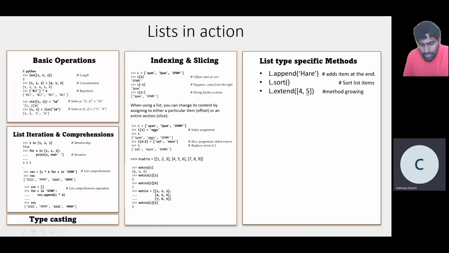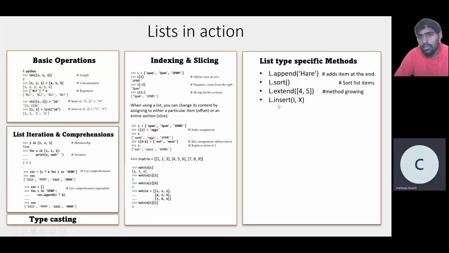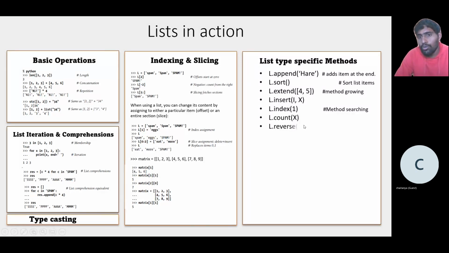This one is extend, which will add this 4, 5 to that existing list. Insert, insert this at this index. This is finding an index. Count, how many times this object is there in that list.